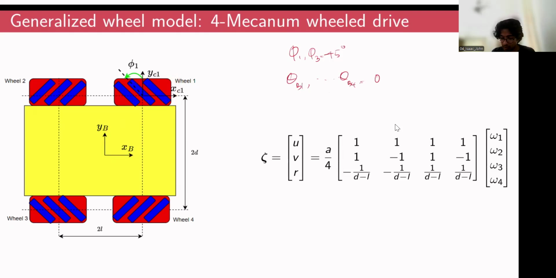They are aligned parallel with respect to XBi and YBi. So the parameters involved are this parameter called D, which is the distance between the centers of the wheels at the left side and the right side, and this parameter called L, which is the center to center distance between the front and the back wheels. And A is nothing but the radius of the wheels. So for a four mecanum wheel drive, the wheel configuration matrix would look something like this.